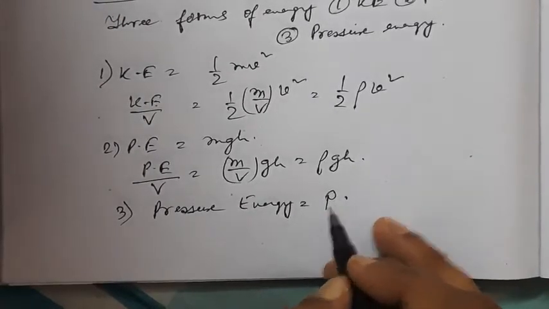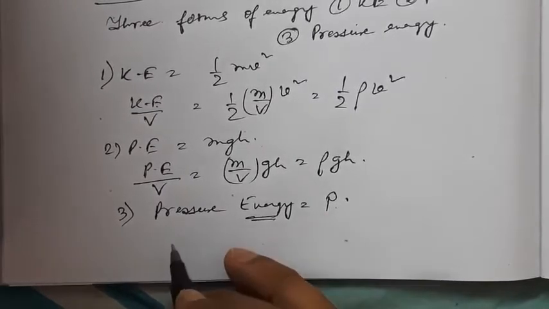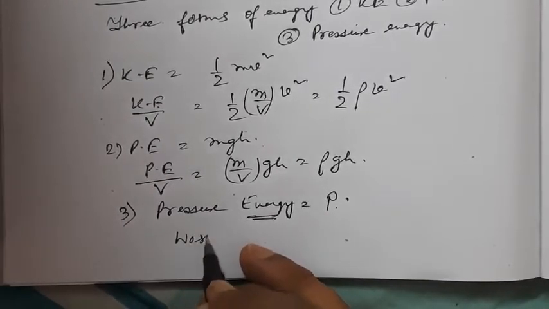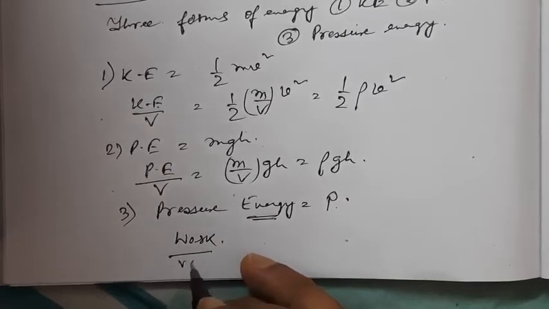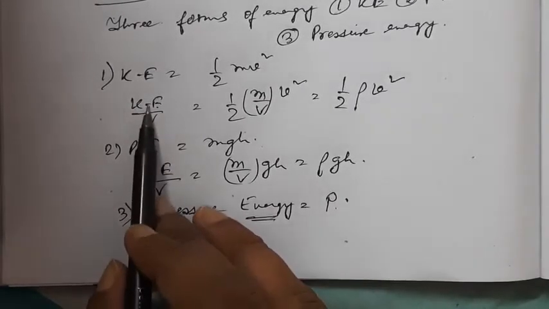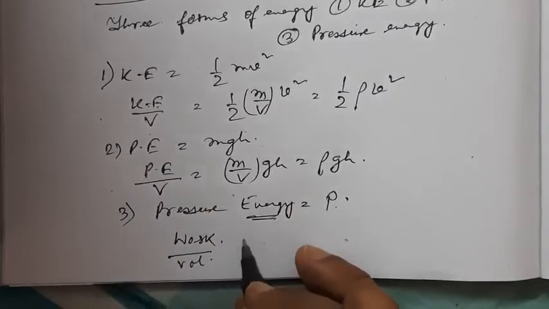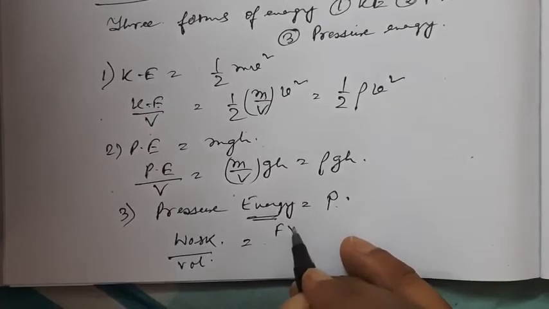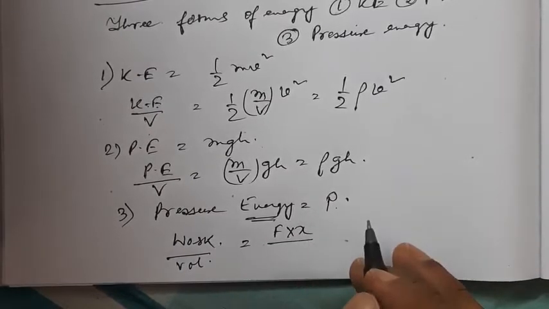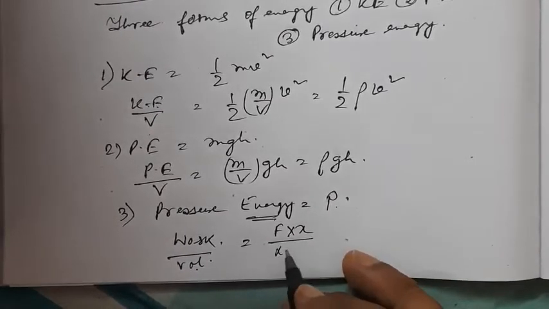Now how did we get P? Energy means, in other words, work by volume. Every time we find energy by volume. Work is equal to force into displacement. Now suppose displacement is x, volume is alpha into x.